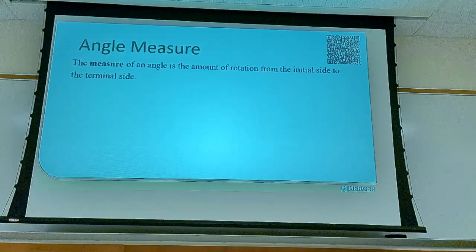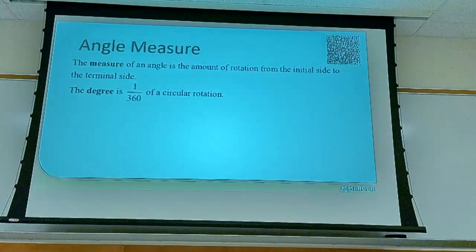The measure of an angle is just the amount of rotation from the initial side to the terminal side. There are two commonly used units of measure. First is the degree, defined as 1/360th of a circle rotation. And then there's also the radian, defined to be 180 over pi degrees.